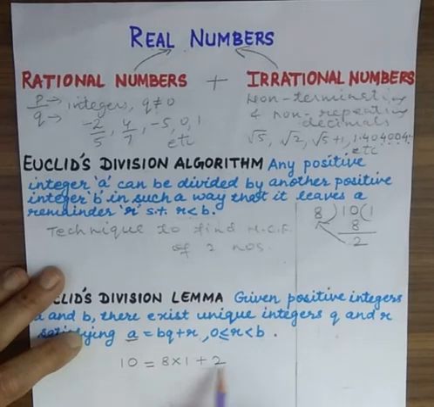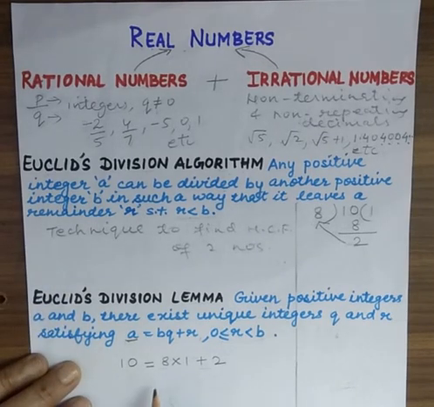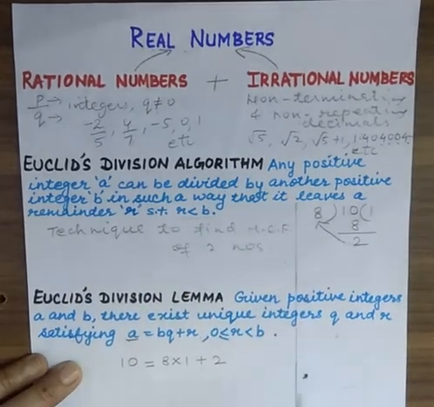Alright. We see that 2 is smaller than 8. This is the same thing we had learned in lower classes, how we test whether our division is correct or not. We write dividend is equal to divisor into quotient plus remainder. Right. Now, this is the lemma we are using in division algorithm to find the HCF.